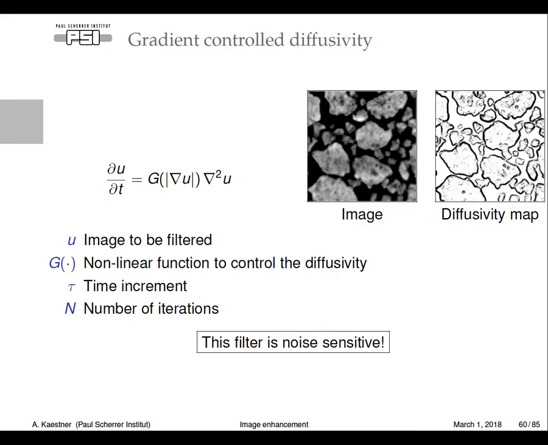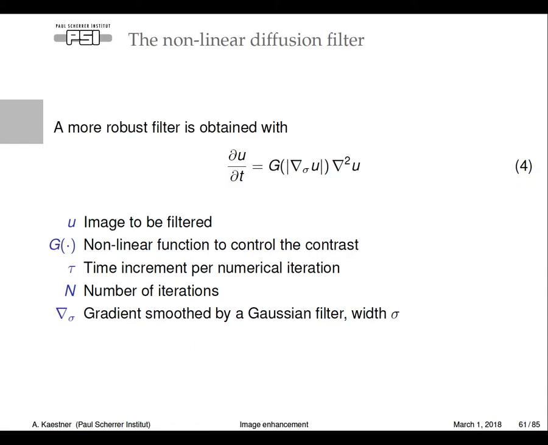But the problem again, the gradient here, absolute gradient, is very noise sensitive. That was actually the purpose of it, to detect rapid changes, which includes the noise. So we need to do something more. And that something more is actually to smooth the gradient once you have done it. And that gives us more safe information about where the edges are.